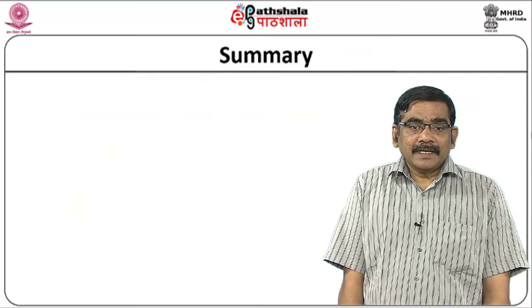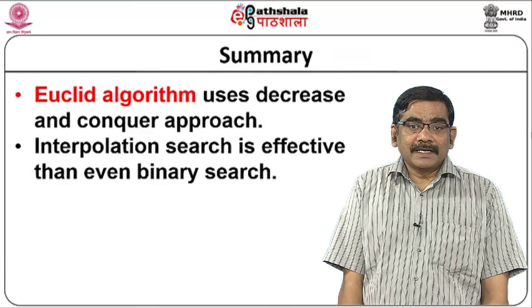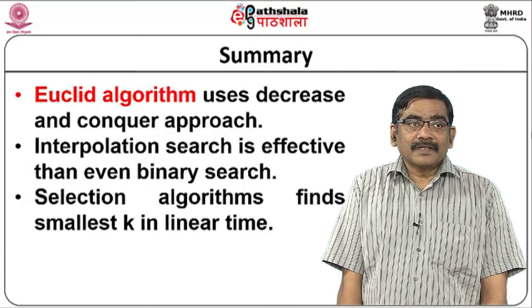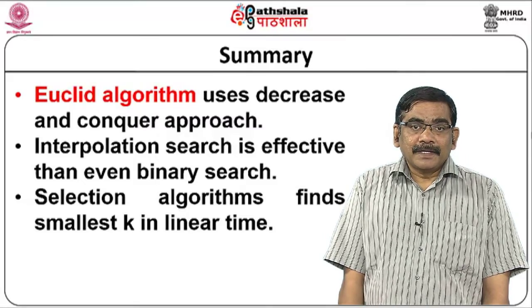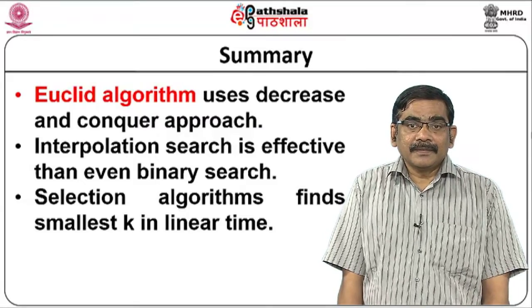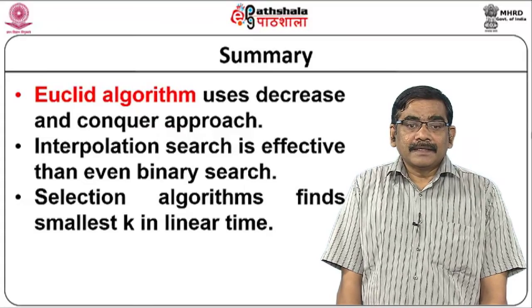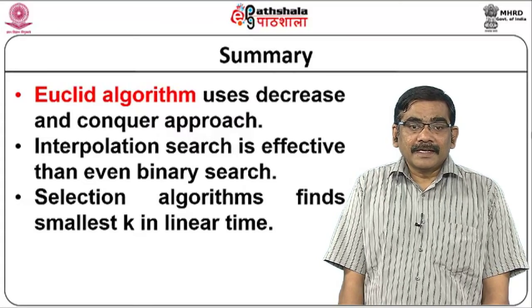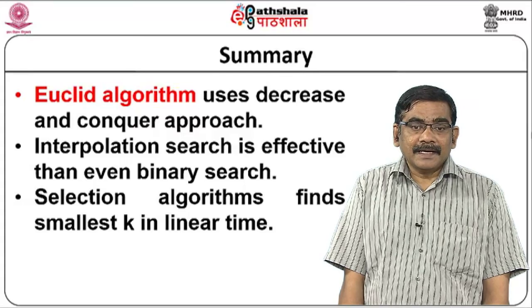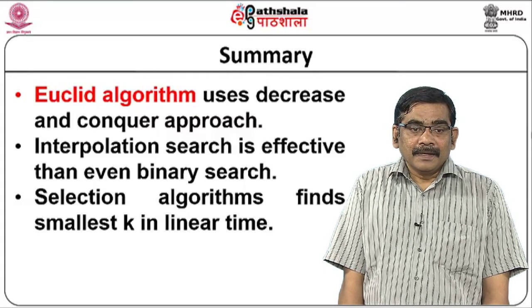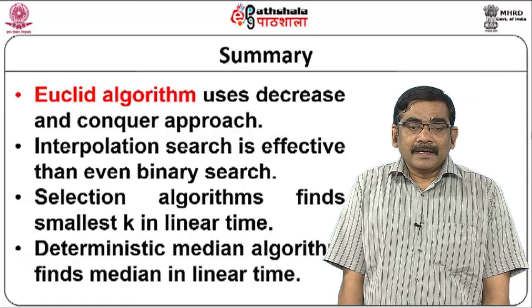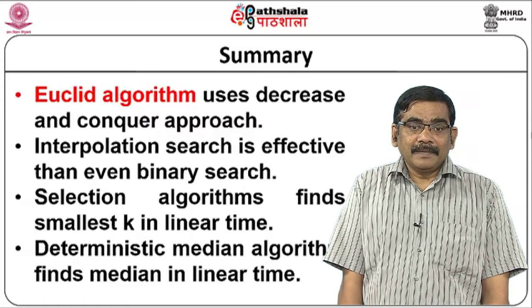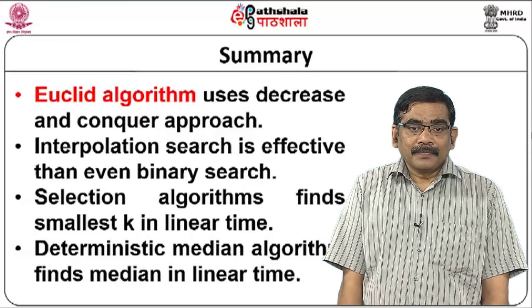In summary, the Euclid algorithm is very effective for finding GCD, interpolation search is very effective, and the selection algorithms find the kth smallest element in linear time. A deterministic median algorithm is quite possible, and therefore we can even find the median in linear time.